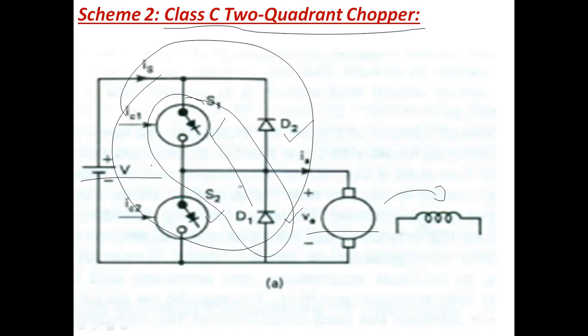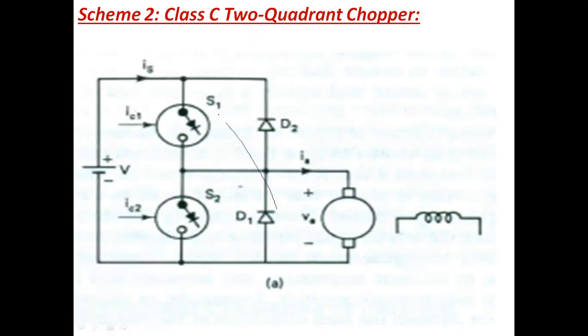See, what is chopper 1? S1 and D1. And what is chopper 2? S2 and D2. So this is chopper 1 and this is chopper 2.